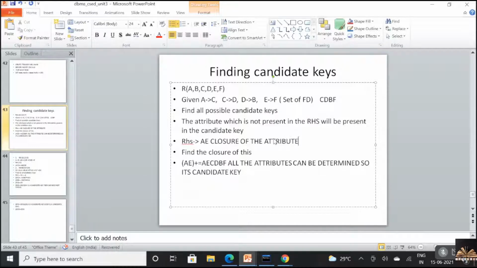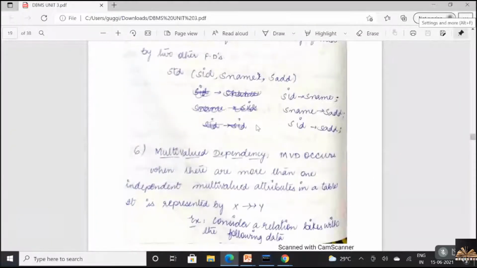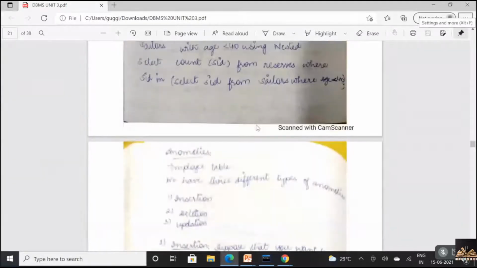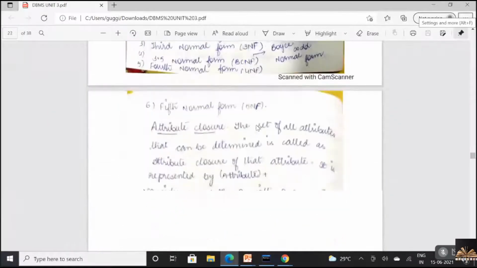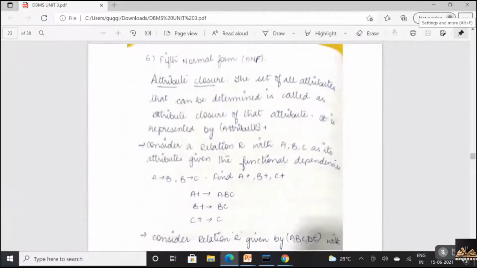Now, what do you mean by closure? I'm just giving you what is closure. Attribute closure: the set of all attributes that can be determined by that particular attribute using the functional dependencies is called the attribute closure of that attribute.